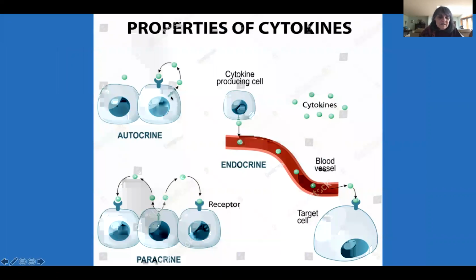Well, it turns out, remember this slide? Under the best of circumstances, the cytokines act only on the cells that are nearby, right? So IL-2, for example, acts on the cell that's producing it and on nearby cells.